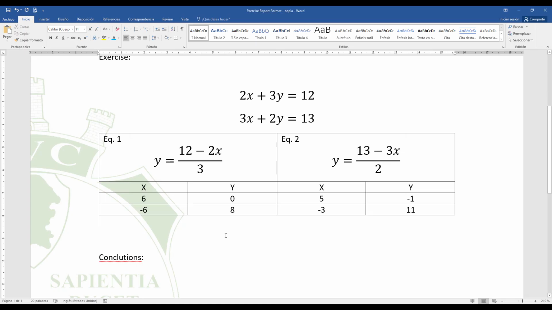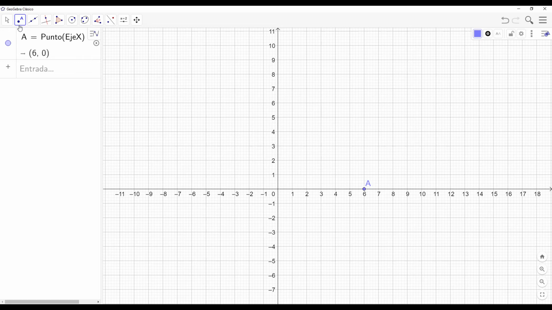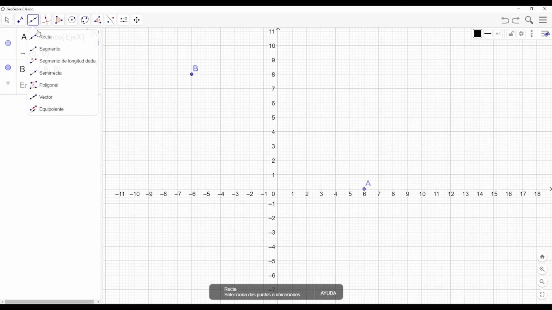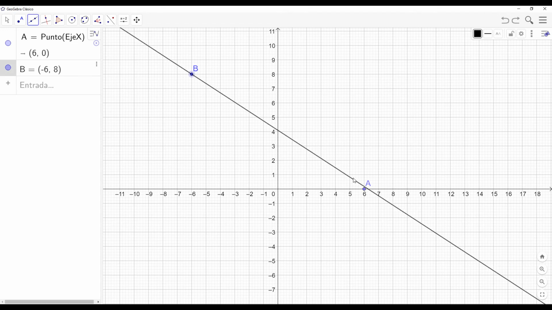The next one, minus 6 and 8. This is one line here.